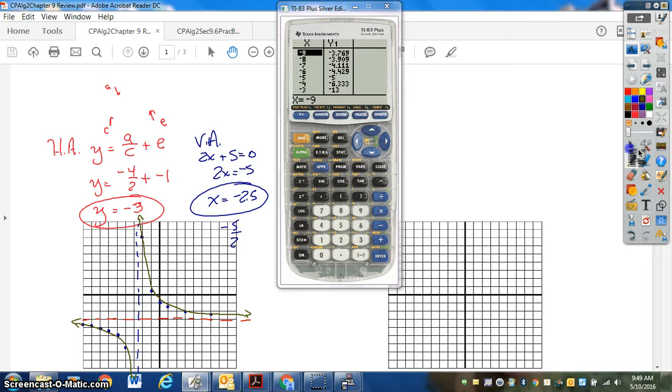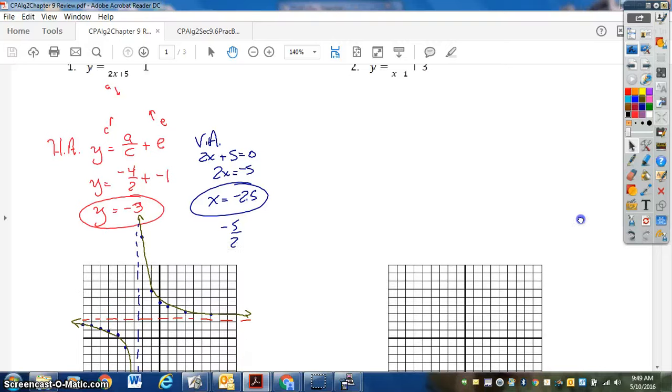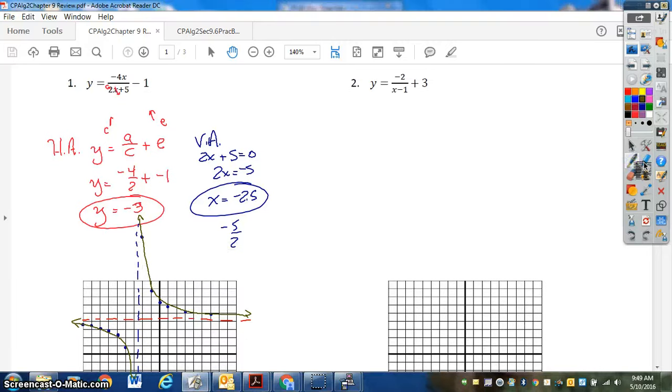Okay, do number 2. Let's start with our HA. I'll do these again first. So HA would be 0 over 1 plus 3, so that would be 3.